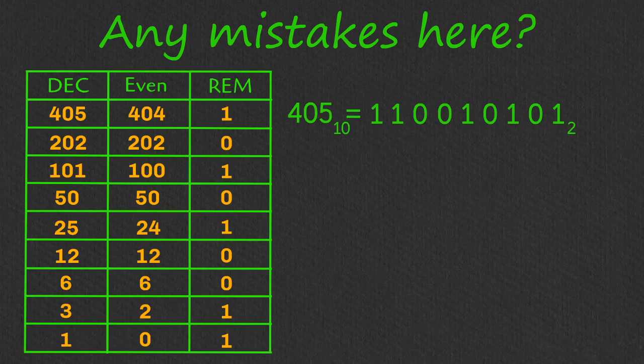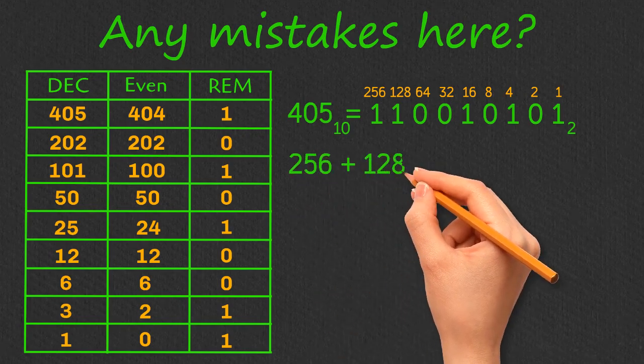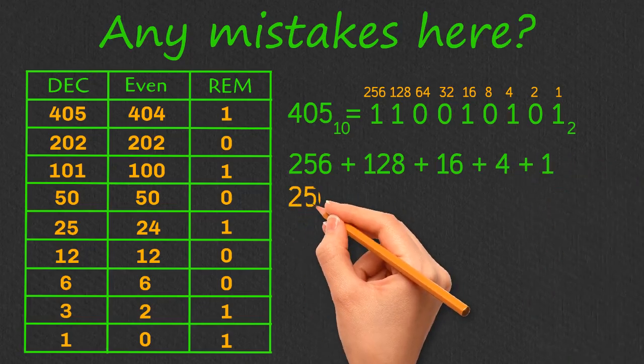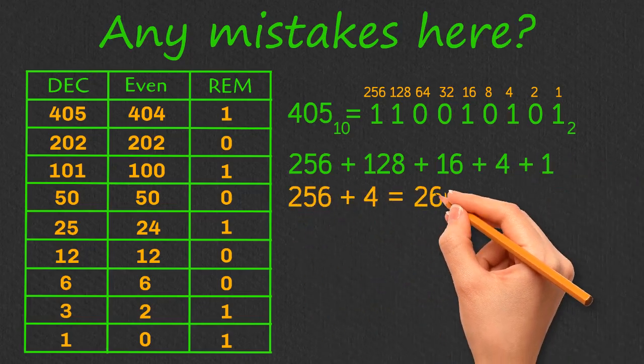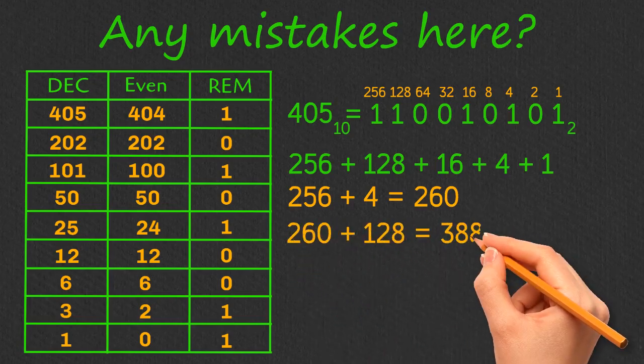And let us make sure this is the binary equivalent of 405. The place values again are 1, 2, 4, 8, 16, 32, 64, 128 and 256. But this time we only have to add up 256 plus 128 plus 16 plus 4 plus 1. So 256 and 4 is 260. Add 128 is 388.